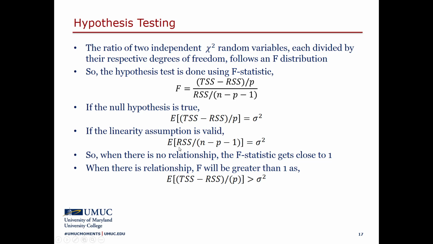And if the linearity assumption is also valid, the denominator becomes the variance as well. If there is no relationship, then variance over the same constant variance becomes 1, so the F statistic gets close to 1. But when there is a relationship, the F will be greater than 1 because the numerator of this F statistic will be larger than the variance. In that case, there is a relationship and we can reject the null hypothesis.